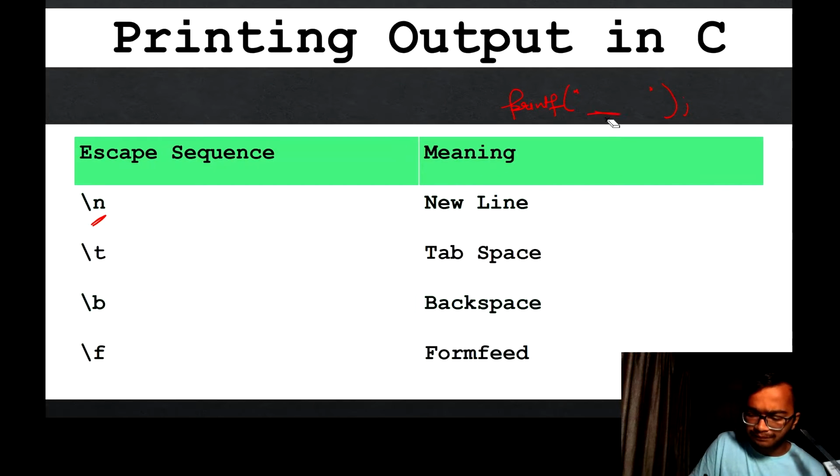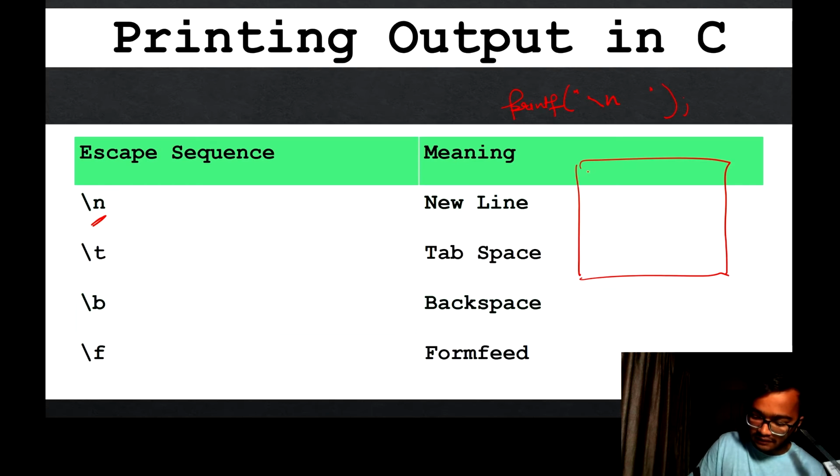Suppose the compiler was printing on the output screen, it was printing A, B, C. Now suddenly the compiler finds backslash n.